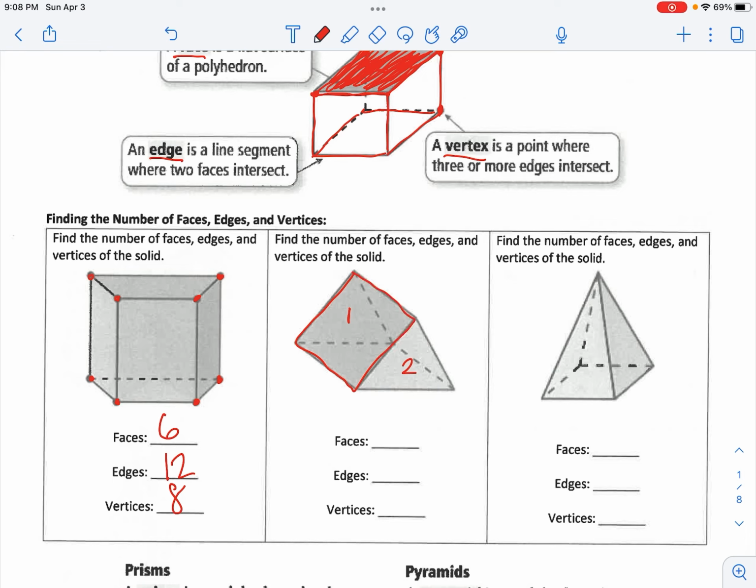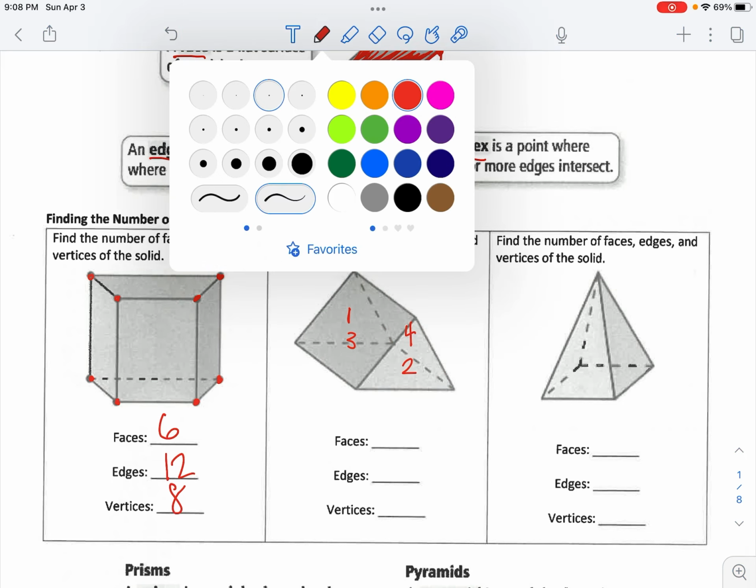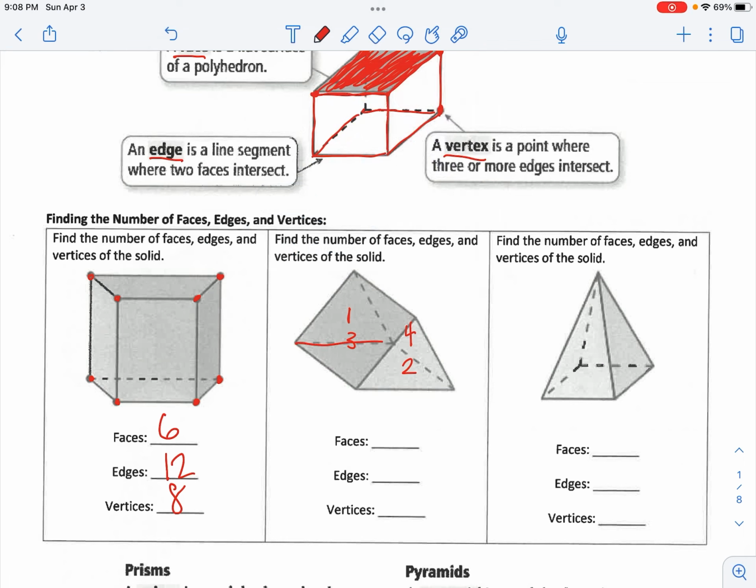So I'm going to put that as 3. And then we have this back one right here. And that's going to be 4. And then we have one more, and that's the bottom right here. For that one, I'm going to put 5.